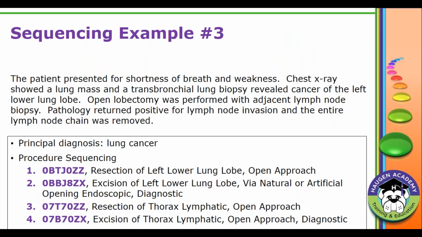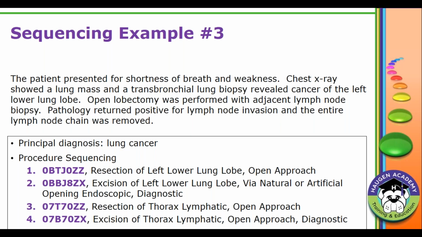So the example that we have for this one, we have a patient who presented for shortness of breath and weakness. Chest x-ray showed a lung mass, and transbronchial lung biopsy revealed cancer of the left lower lung lobe. Open lobectomy was performed with adjacent lymph node biopsy.